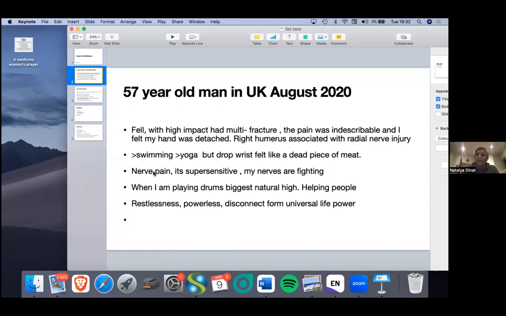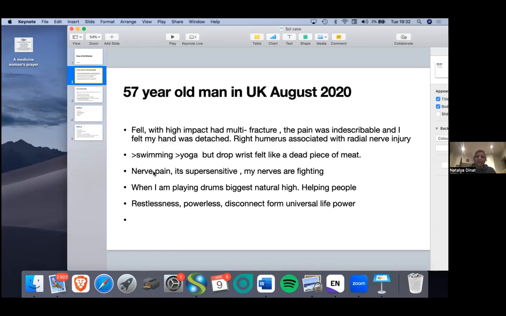He called me. At that time, he said the pain was indescribable. He'd been to see the orthopedic surgeons and the physios. He had a fractured right humerus that was shattered and associated with radial nerve injury.